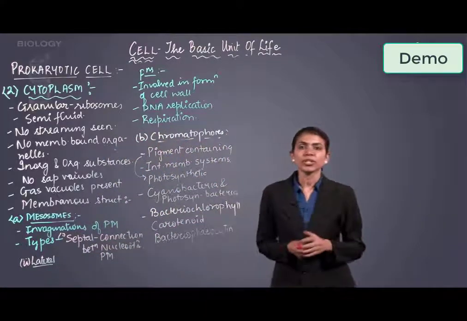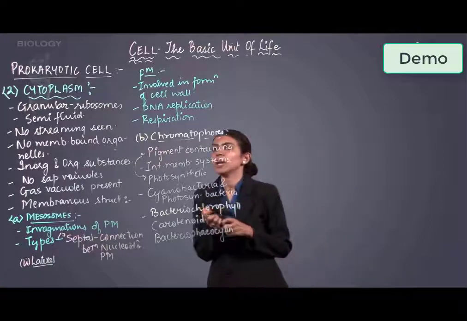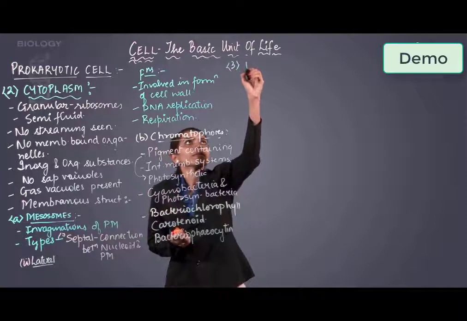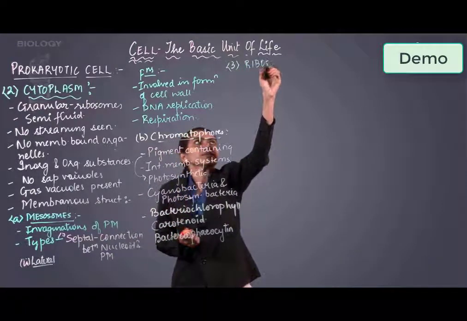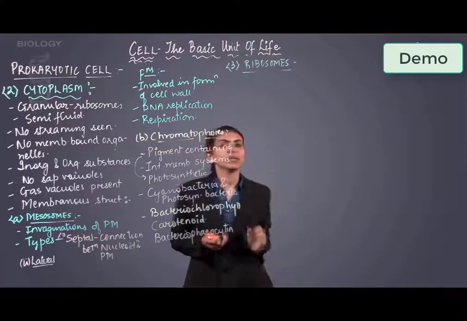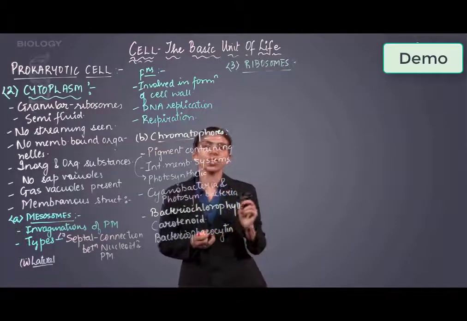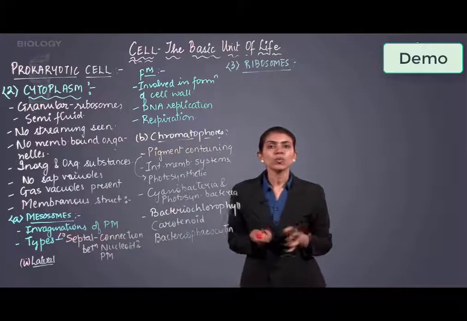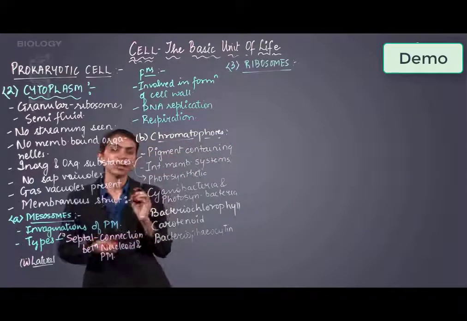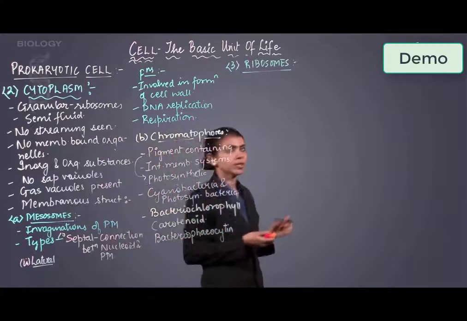Coming to the next structure, which are the ribosomes. So we come to structure number 3, that is ribosomes. As mentioned earlier, the cytoplasm is granular in the prokaryotic cell because of the presence of ribosomes. So what are basically ribosomes? Ribosomes are made up of ribonucleic acid and proteins.